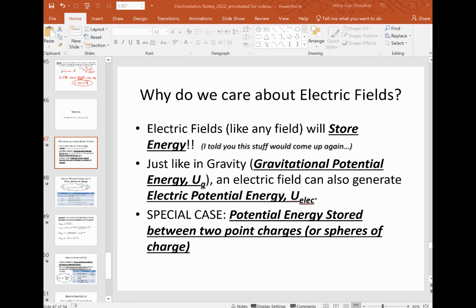And that's what we're going to be talking about for electric potential, because it's super helpful. Again, that's basically telling you how much energy there would be if 1 coulomb of charge was located at that spot.